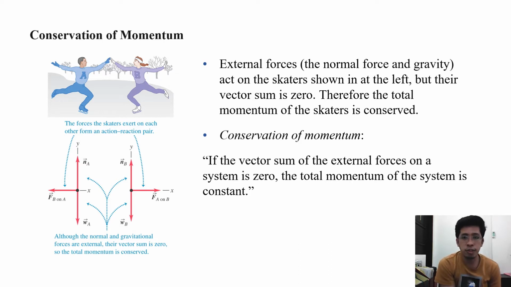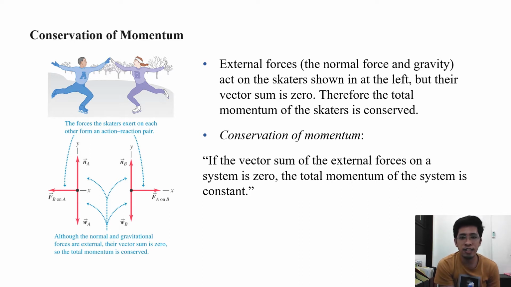Here, the external forces, the normal force and gravity, act on the skaters. But as you can see, the normal force and the force due to gravity cancel out, so the vector sum of these two forces is zero. Therefore, we can still say that the total momentum of these skaters is conserved.